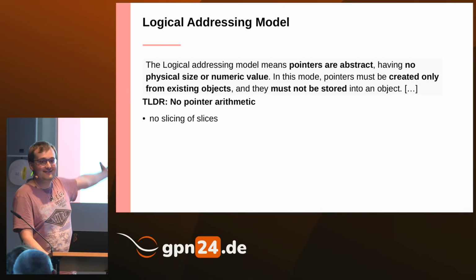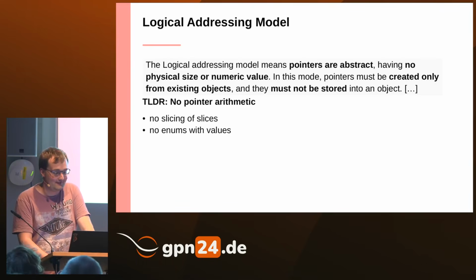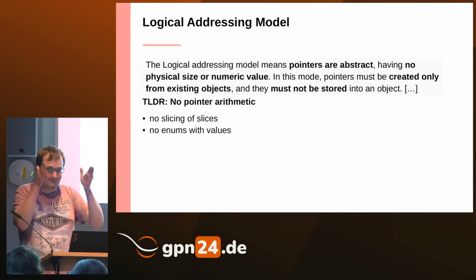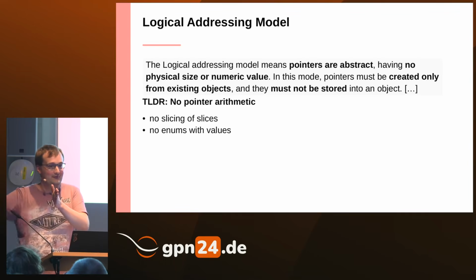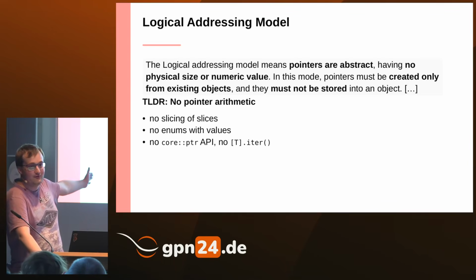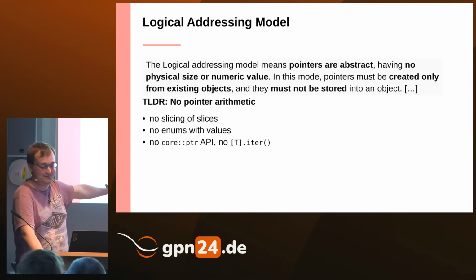You can't slice slices because that's pointer arithmetic. You're offsetting the slice's base pointer. You can't have enums with values because the first field in the enum is the enum tag, and then the remaining fields come after that. So that's also an offset. You can't use any of the core pointer API, which is such an internal piece of Rust, which is everywhere.